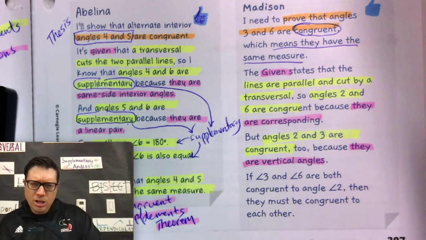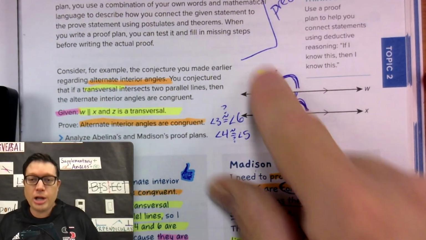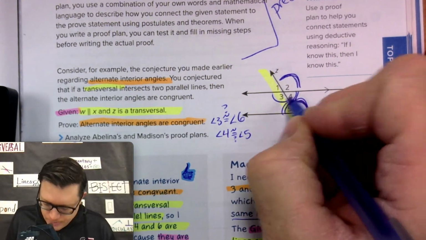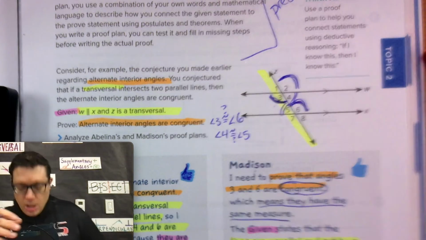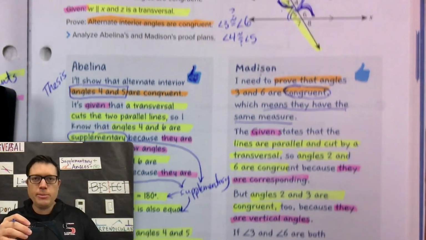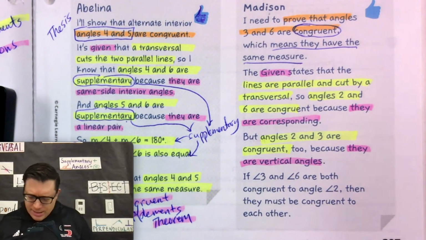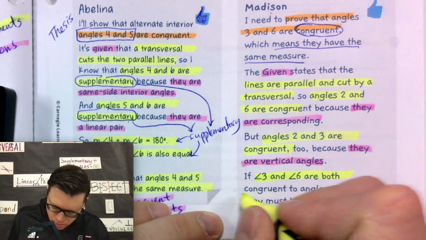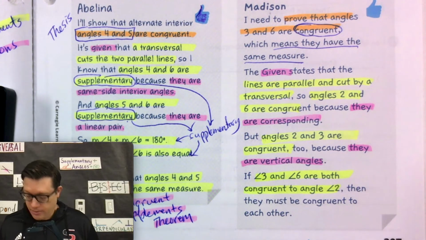So if you see parallel lines cut by a transversal, well, one time the lines that are crossing are equal. She's focusing on 2 and 3. 2 and 3. They're equal. They're vertical angles. So Madison is still using vocabulary that we've been talking about. If 3 and 6 are both congruent to angle 2, then they must be congruent to each other.